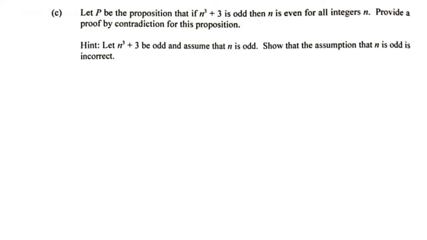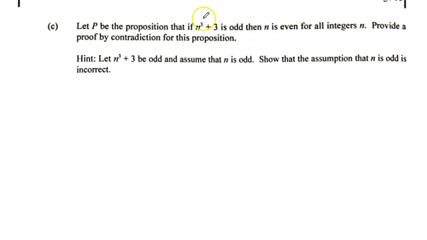So the first thing we want to do is, it's difficult to start from n cubed being odd. Let's start from the right on the other side. Let me call this a conditional statement. So if p, then q. So I'm going to call this p, the first part of the statement, and then q.